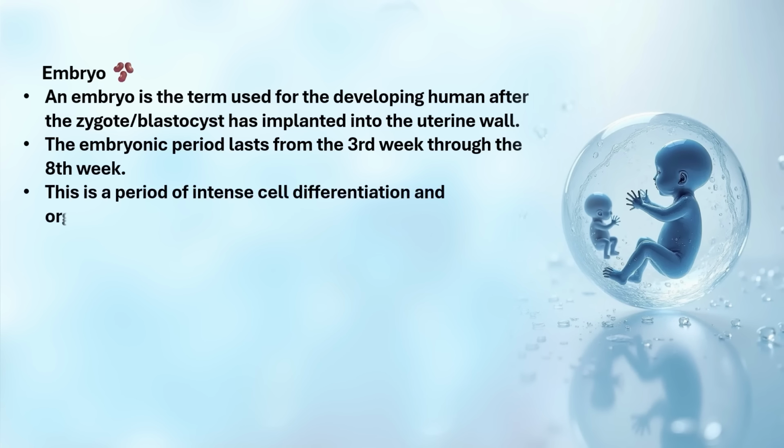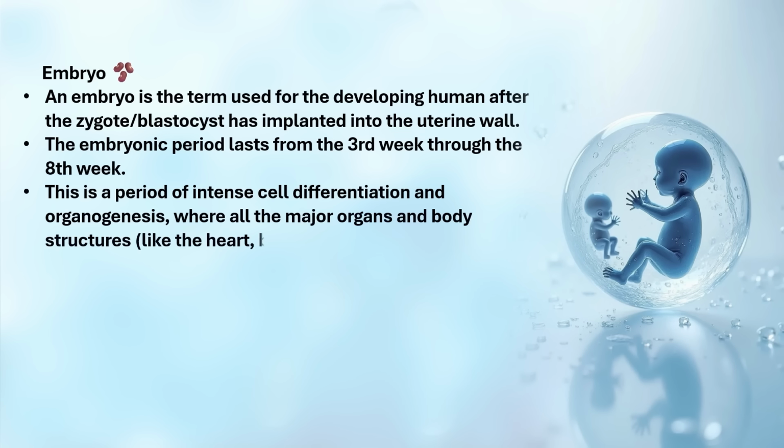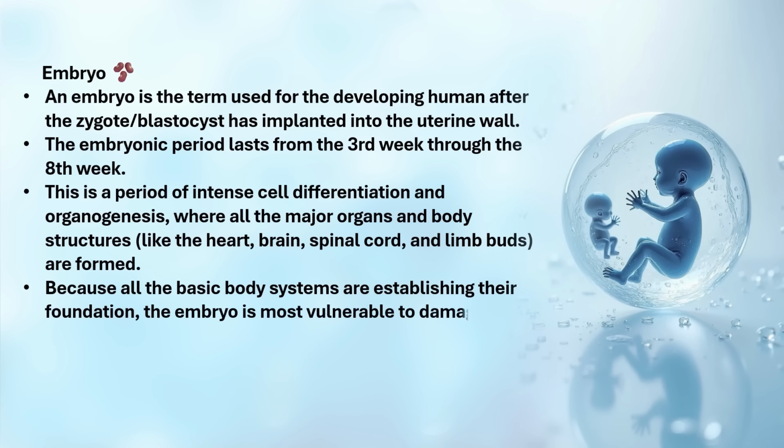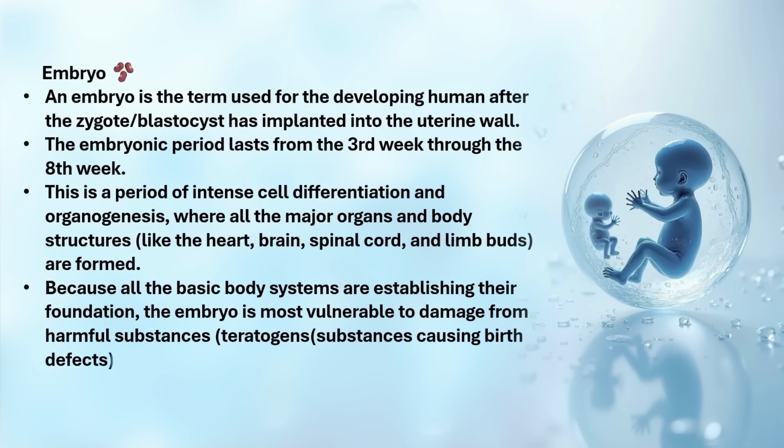This is the period of intense cell differentiation and organogenesis, where all the major organs and body structures like the heart, brain, spinal cord, and limb buds are formed. Because all the basic body systems are establishing their foundation, the embryo is most vulnerable to damage from harmful substances called teratogens, substances causing birth defects, during this stage.